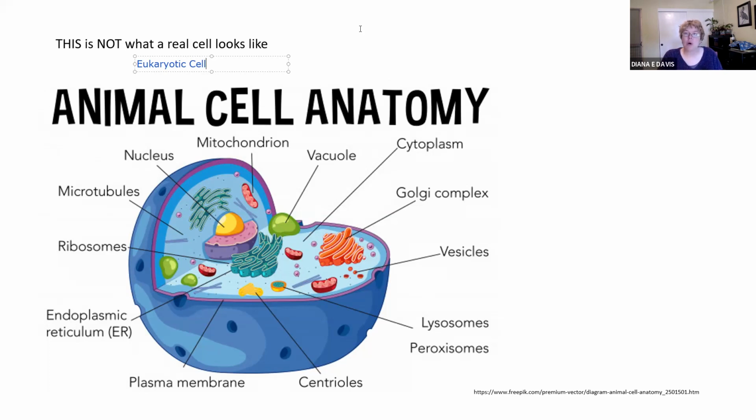Now, both types of cells have a plasma membrane, and it's basically made of the same kinds of stuff. Phospholipids. Both types of cells have a cytoplasm. Cytoplasm just kind of refers to the liquid gel type material inside the cell.